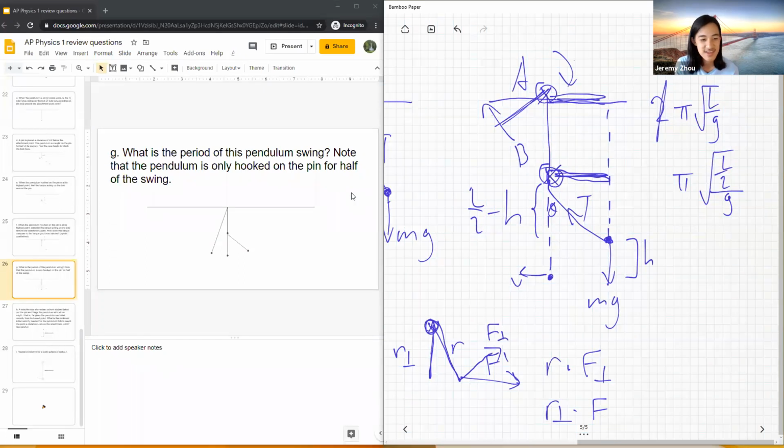Actually, you can quickly do it: it's this times 1 plus 1 over root 2. But that's the idea.